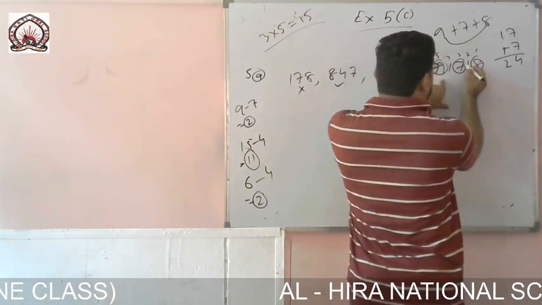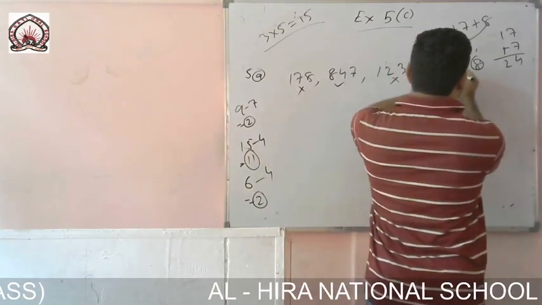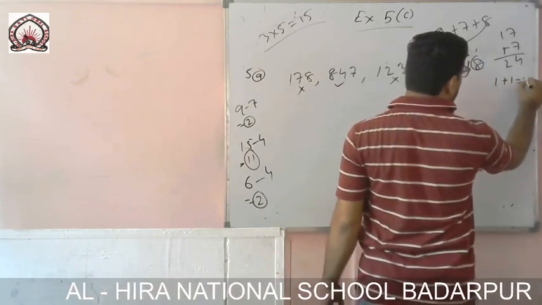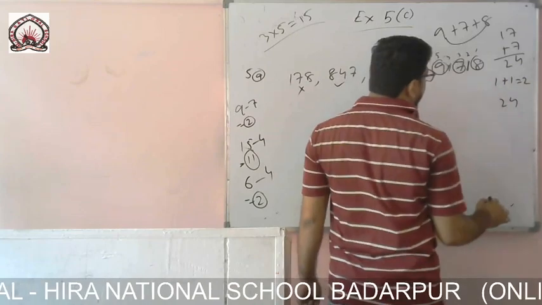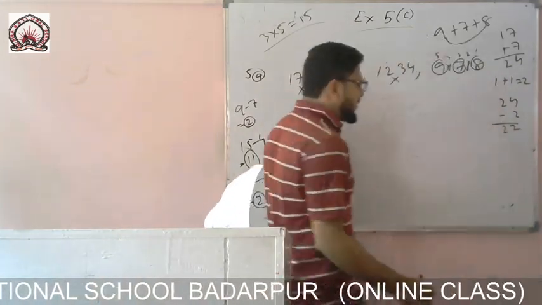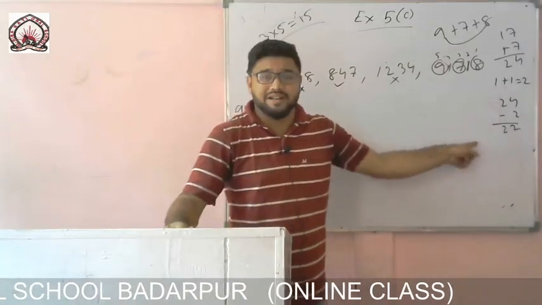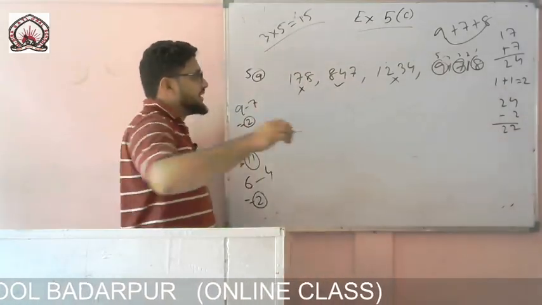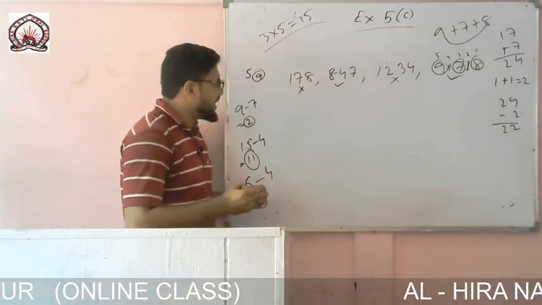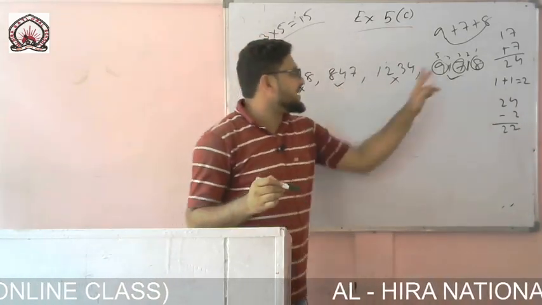Now you check the even places, 1 and 1. So 1 plus 1 is 2. 24 minus 2 is 22. 22 is divisible by 11, so this number is divisible by 11. So what we got: only these two numbers, 847 and 91718.